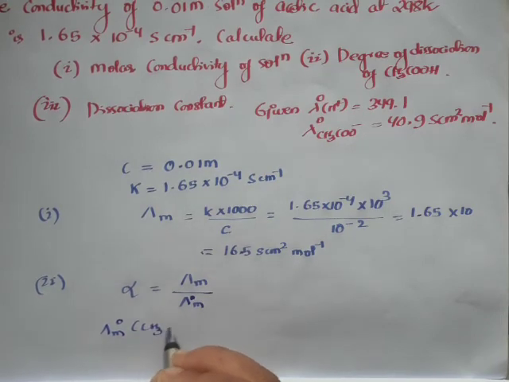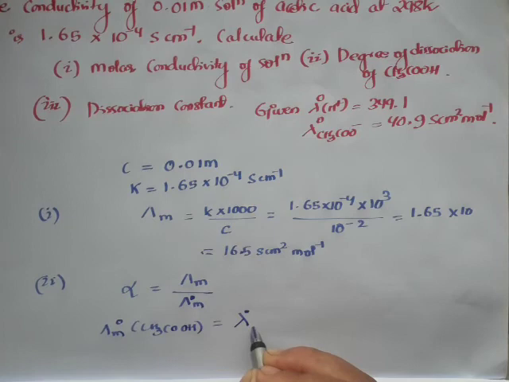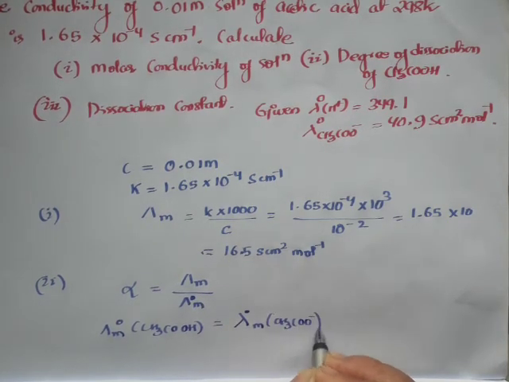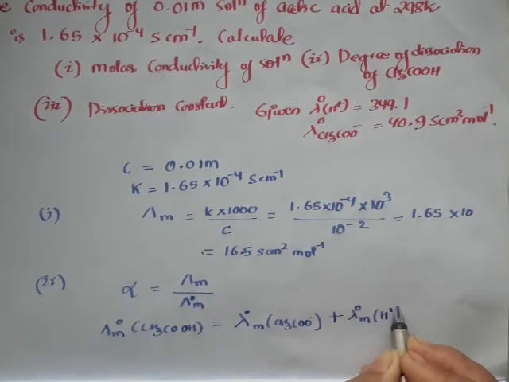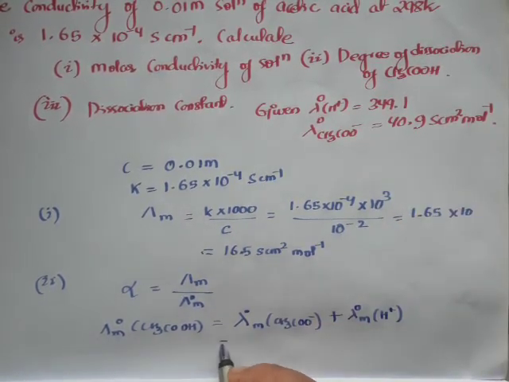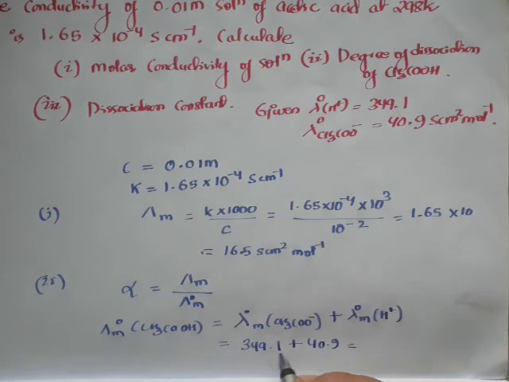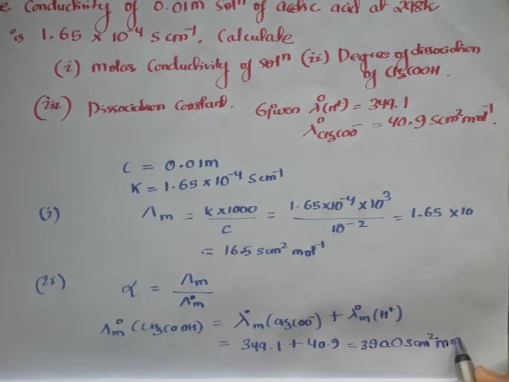We have already done that: it is the limiting molar ionic conductivity of the acetate ion and the limiting molar conductivity of the H plus ion, which are given in the question. 349.1 plus 40.9, so you will get 390 Siemens centimeter square mole inverse.